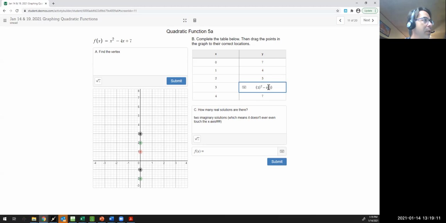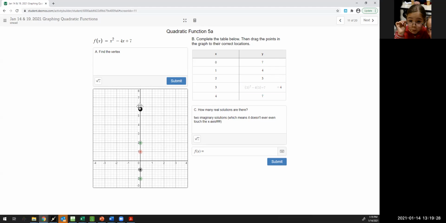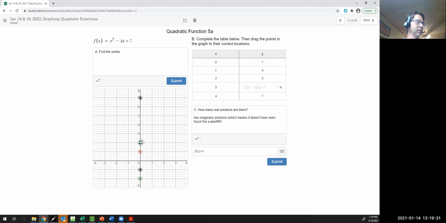So I know that you understand you have to replace the x values in the function. 0, 7. 1, 4. 2, 3. 3, 4. 4, 7. Bam. And like I said, that last button is just for checking.